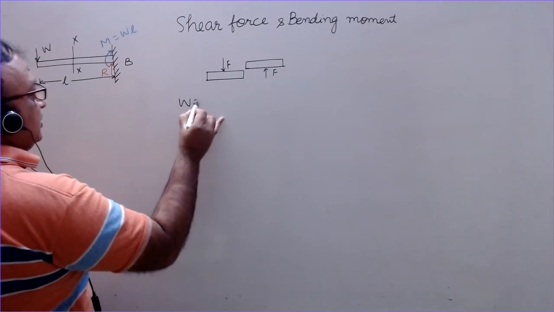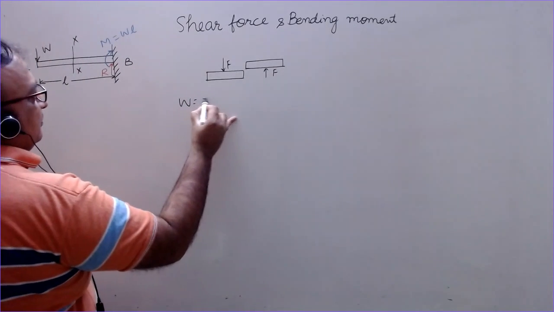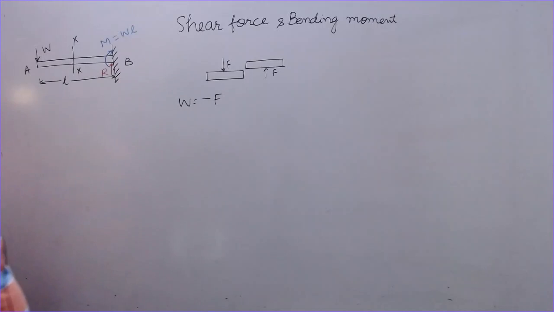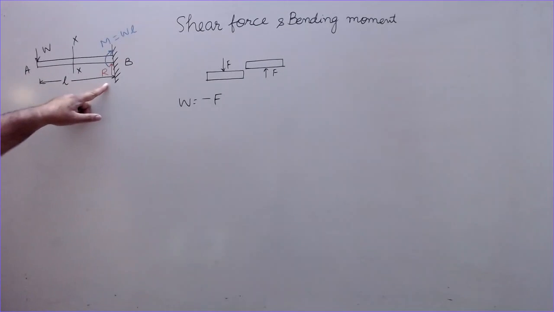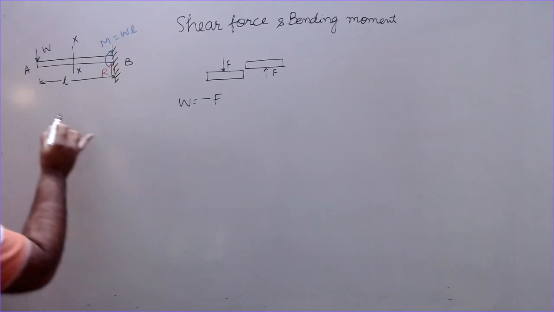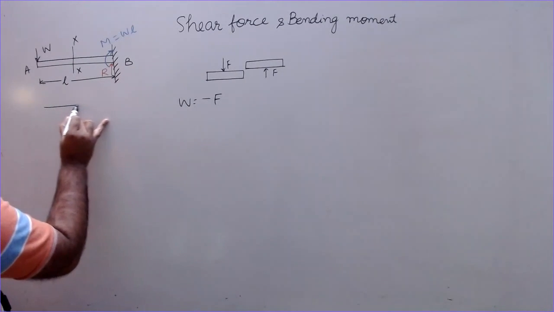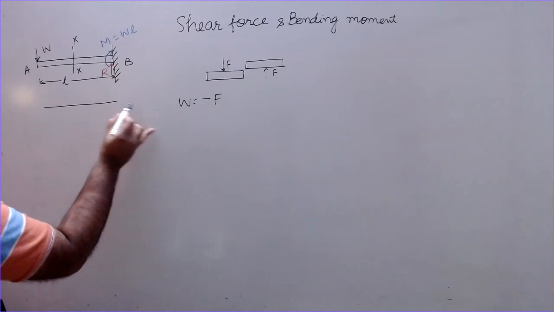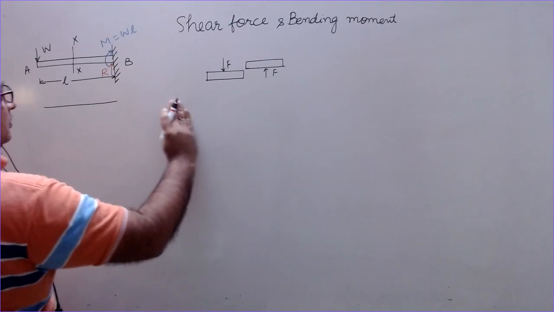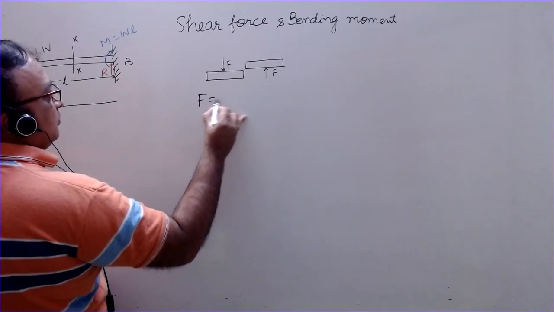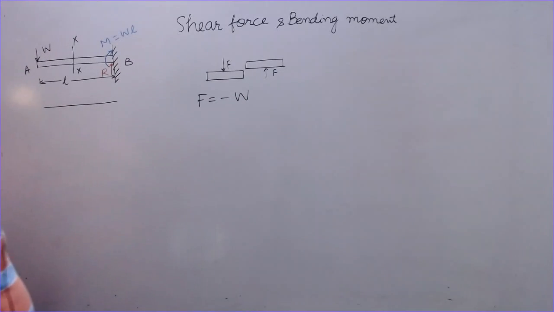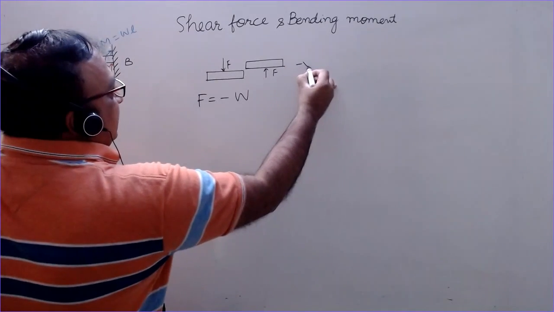W to the left side of this is minus F, and this remains constant for the entire length because there is no other load up to this point B. So if I draw the diagram, F is equal to minus W. Shear force is W in the negative direction as per our convention.